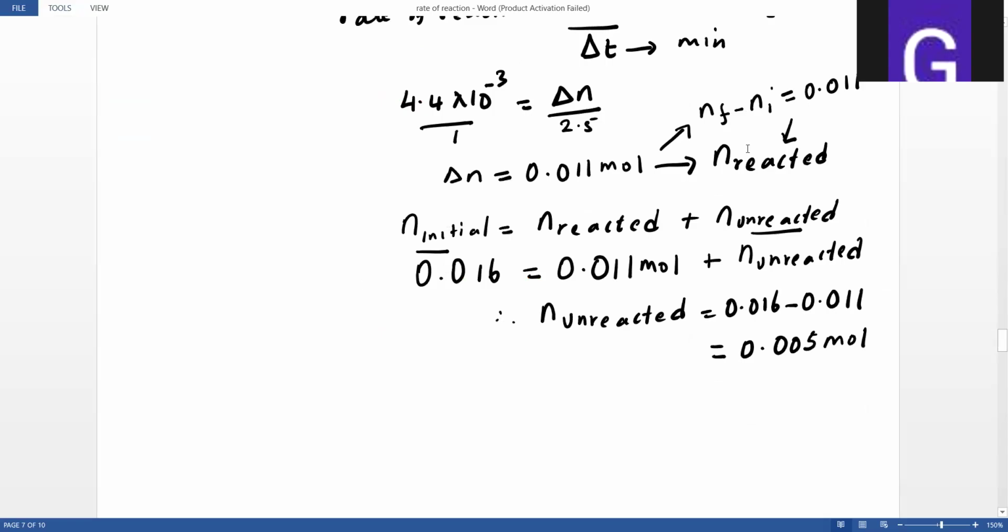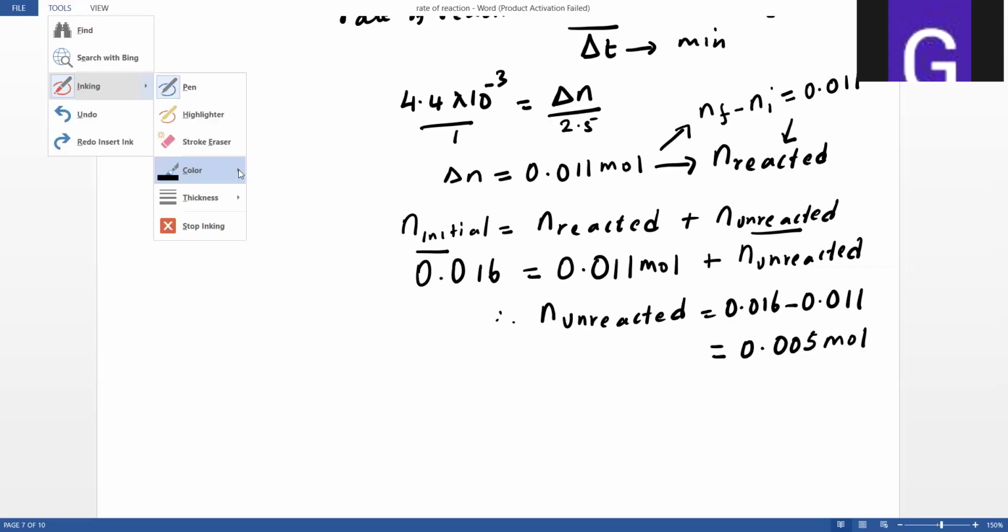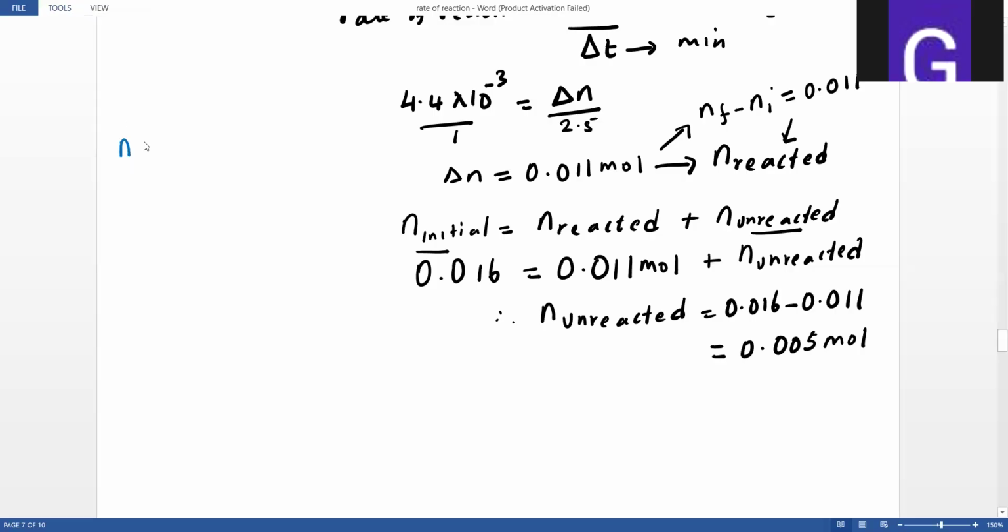The reason I said we have to incorporate a minus is this. Remember, N initial equals N reacted plus N unreacted. So the unreacted will be the final. How do you find the change in N?